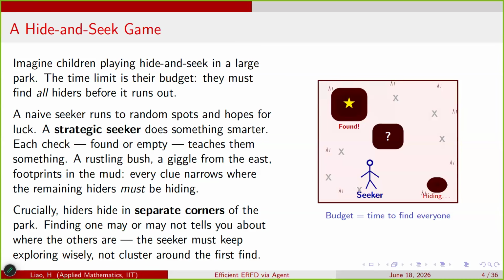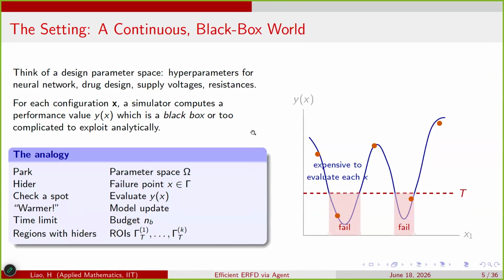We care about whether we can find these disjoint regions, and if we can, we can figure out a way to study the relationship, only focusing on the points within these regions to see their relationship with the performance we are interested in. So that's why we are trying to do something like a strategic search.